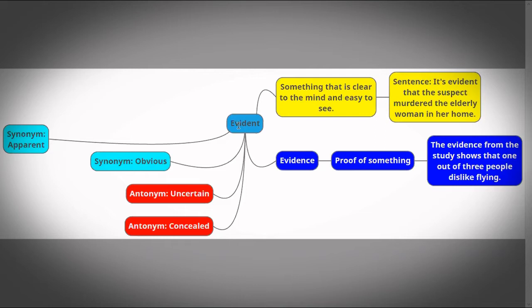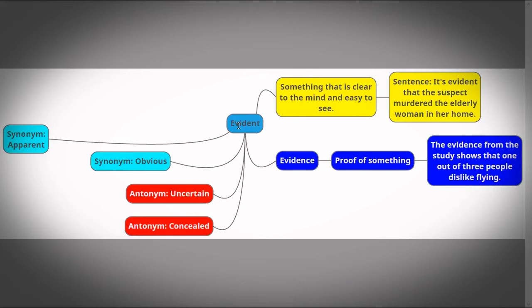And the first thing I did was I wrote a definition, something that is clear to the mind and easy to see. Then I wrote an example. It's evident that the suspect murdered the elderly woman in her home. So evident means clear. So it's clear that the suspect killed this woman.